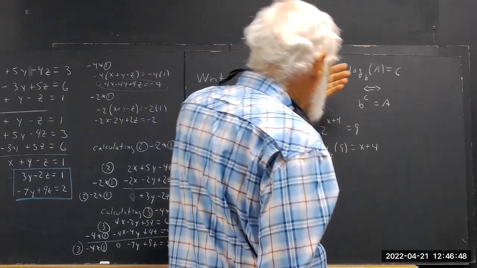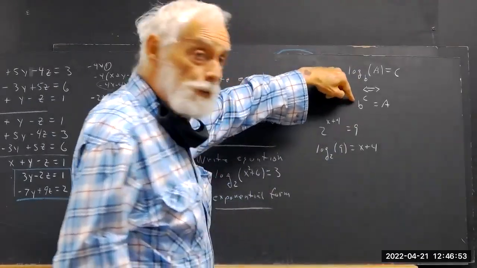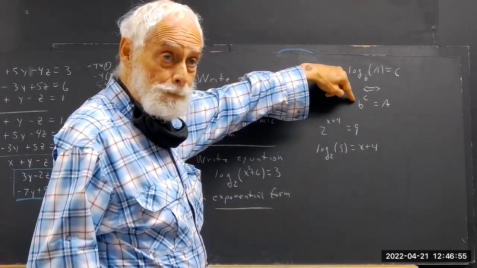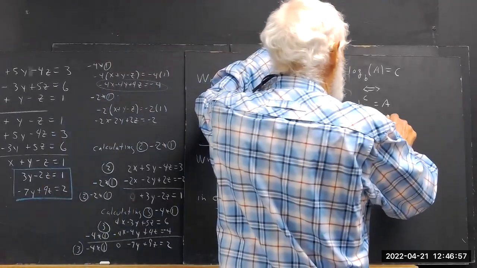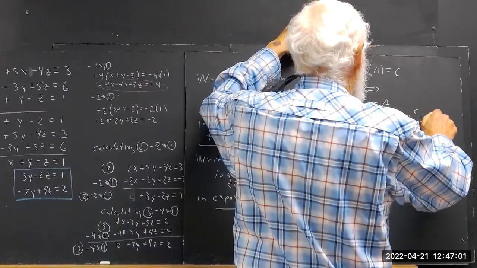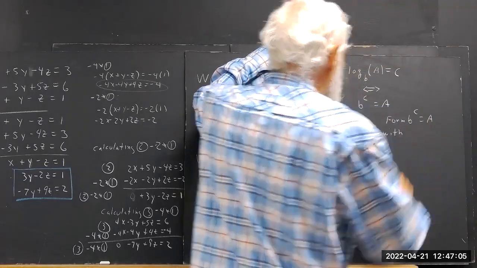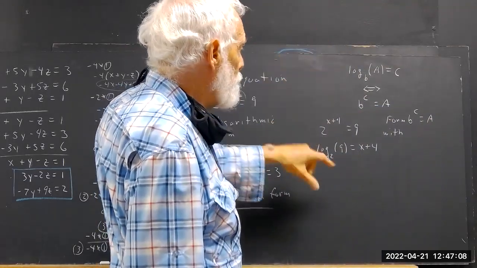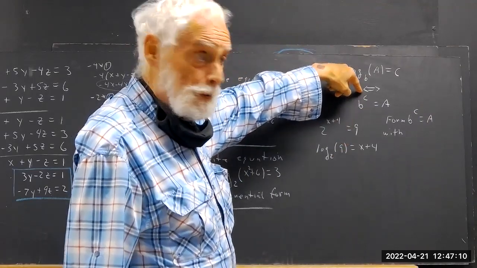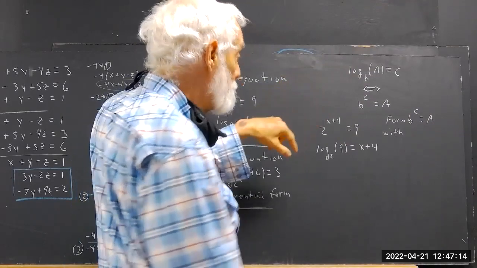Okay, so in my notation here, this is in the second form. So this equation is form: given C equals A with what? B is the thing being raised to a power. B is 2. 2 is what's being raised to a power, right?